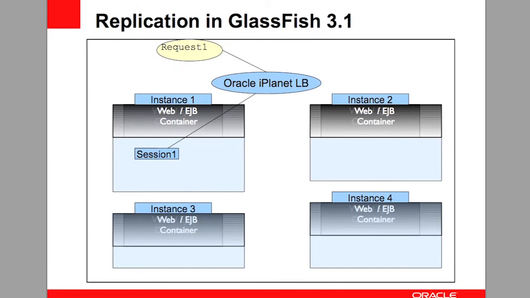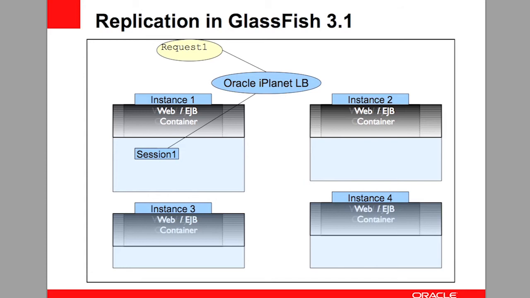Let us see how the replication module in GlassFish 3.1 provides high availability of session states. For this, let us assume a 4-instance cluster setup front-ended by Oracle iPlanet Load Balancer. Let's say request 1 from user 1 arrives at the load balancer, and the load balancer routes the request to instance 1.